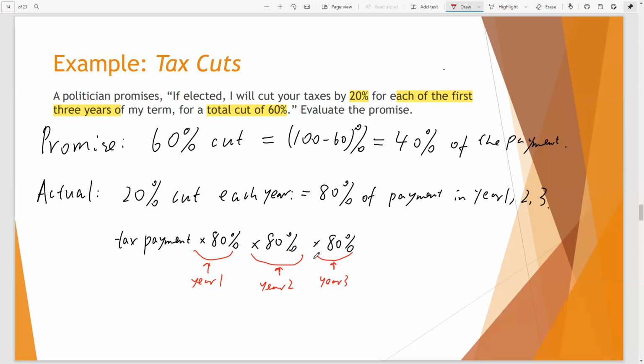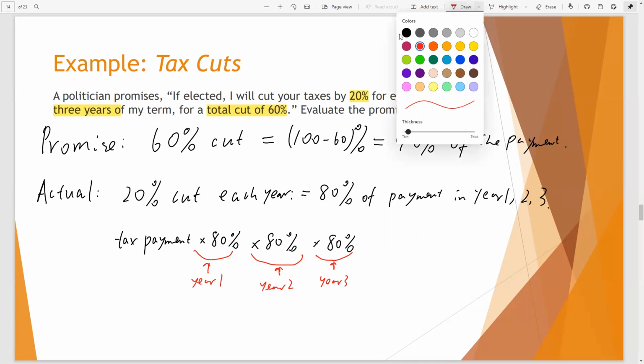It cuts 20% each year, which means the first year has 80% of the original tax payment, the second year has another 80% of year 1, and the third year has another 80% of years 1 and 2.